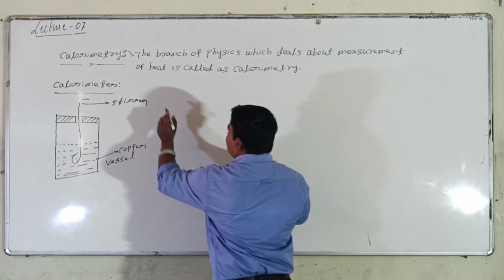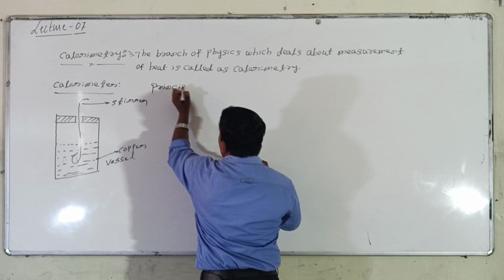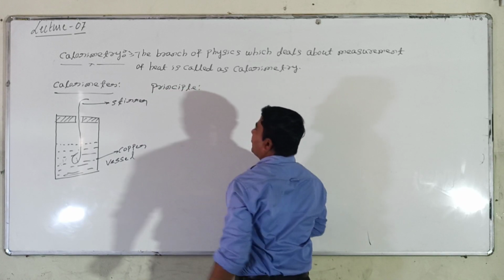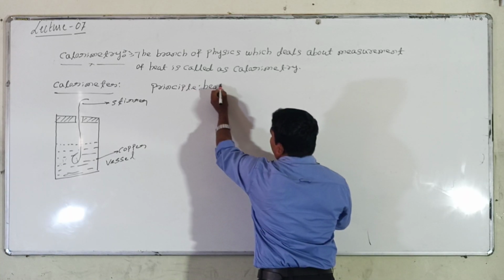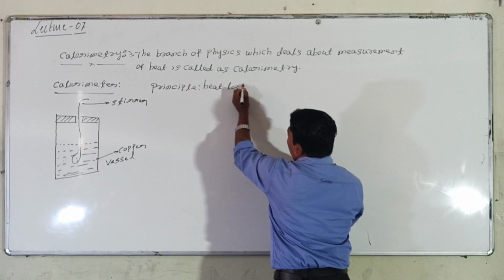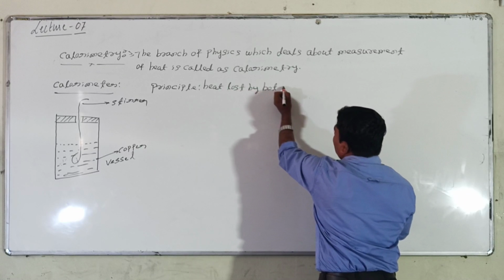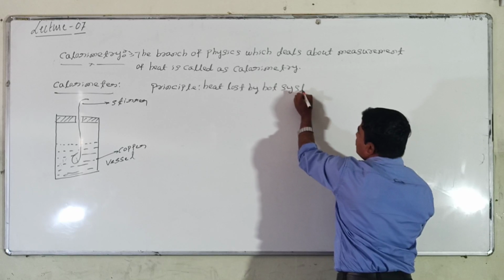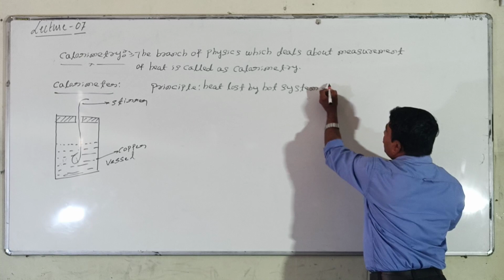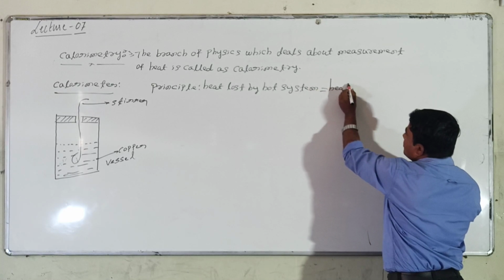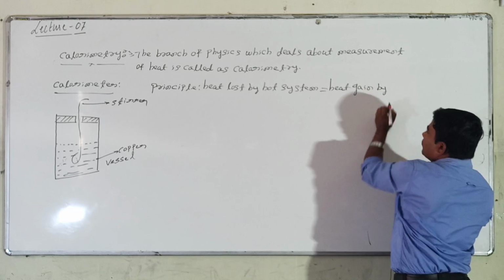Principle of calorimeter says: heat lost by the hot system is equal to heat gained by the cold system.